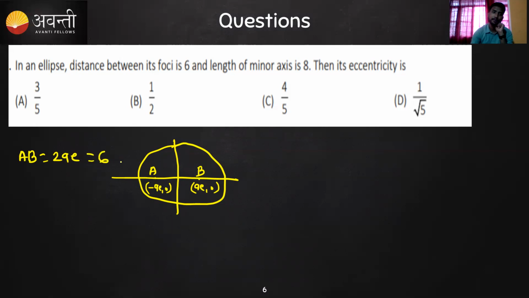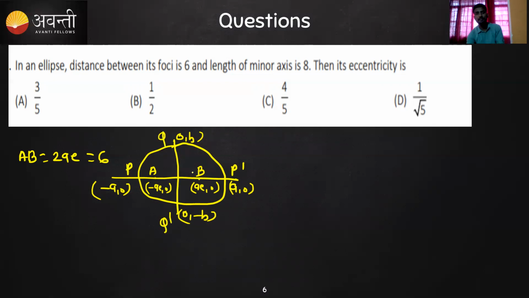And you also know this is a comma 0, this is minus a comma 0, this is 0 comma minus b, and this is 0 comma b. So suppose this is P and P dash, and this is Q and Q dash. Everyone knows P P dash is the major axis and Q Q dash is the minor axis.